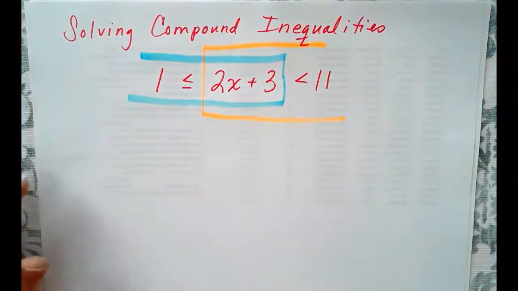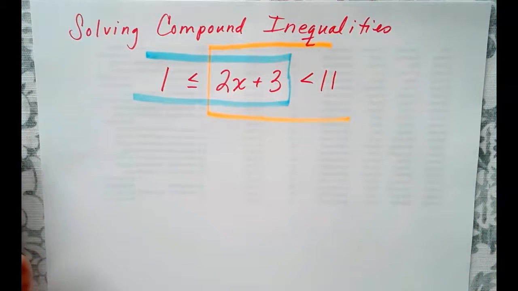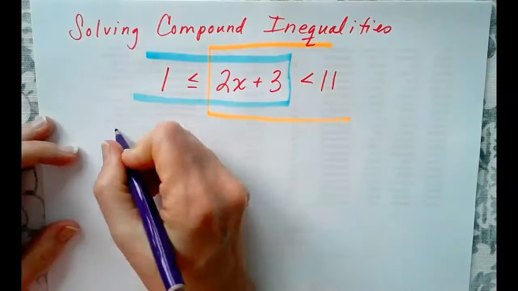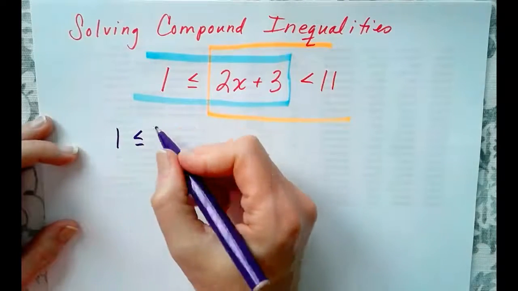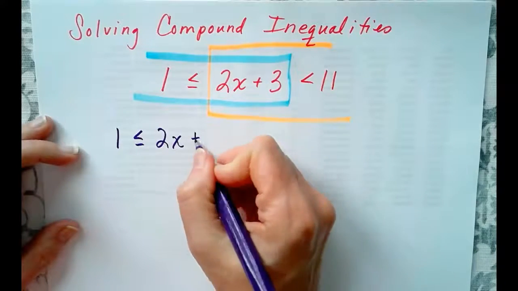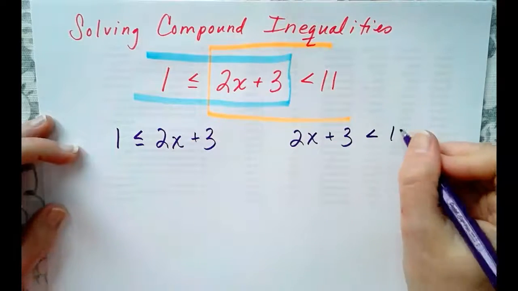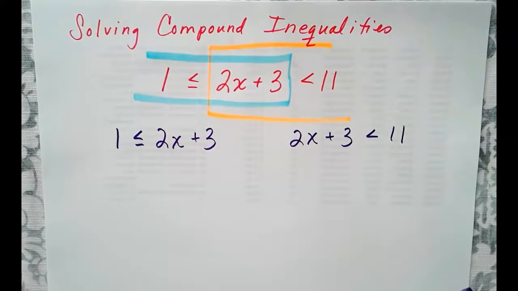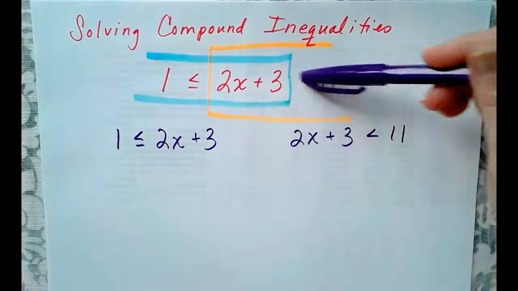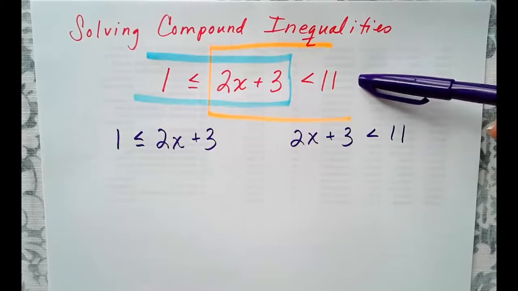I'm going to write them separately and solve them separately. So 1 is less than or equal to 2x plus 3, and 2x plus 3 is less than or equal to 11. Remember, when we get our answers, we're going to pick a number that will make both of these true simultaneously, because this is written as one single sentence.